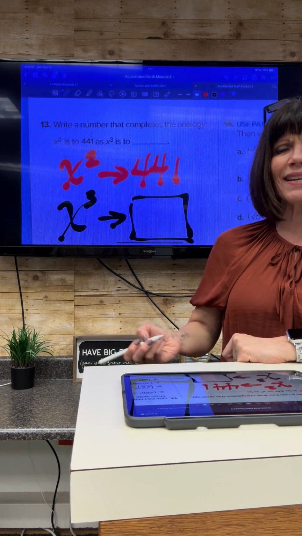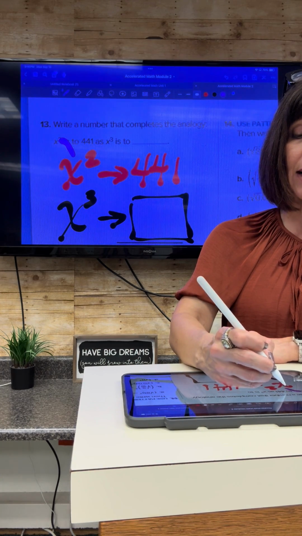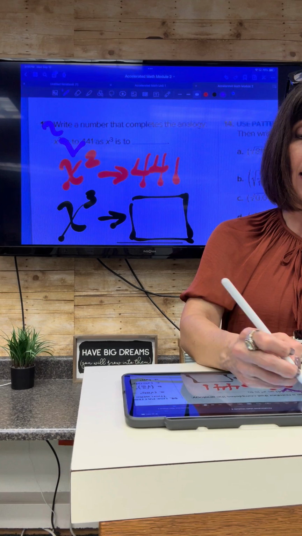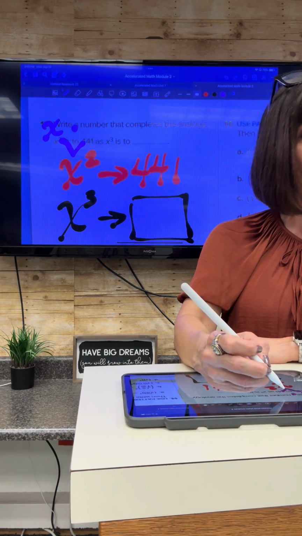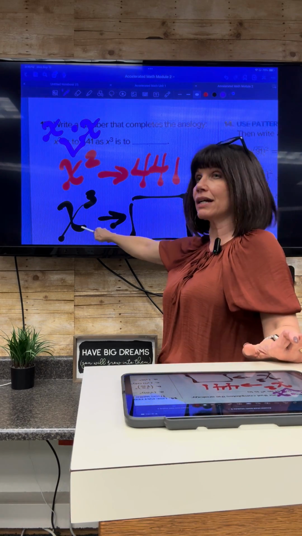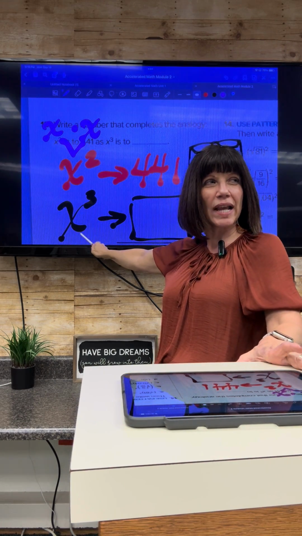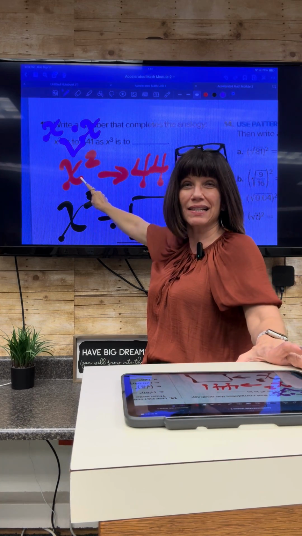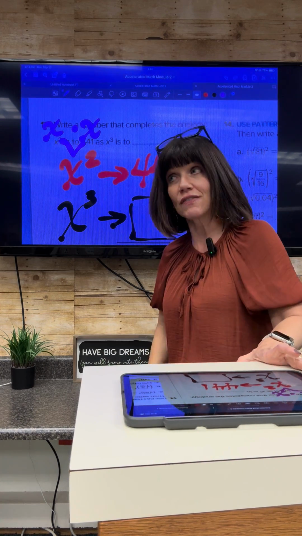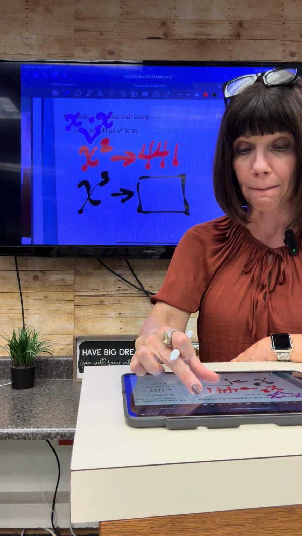Now, what does x to the second power represent? Tell me. X times x. Aha. Now, since this is x as well, is this x the same base number value as this x? Yes or no? Yes, that is why they're both called x, so that we know they're both the same.